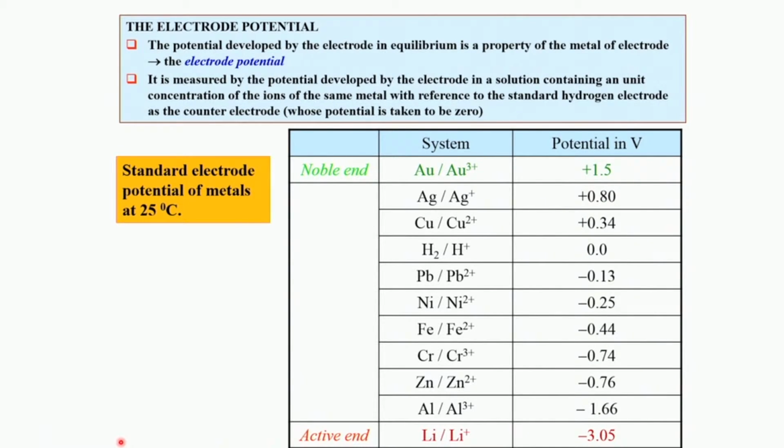So, this particular potential gives you information about the potential developed on the electrode surface whenever it is exposed in a solution containing one unit concentration of the ions of the same metal.